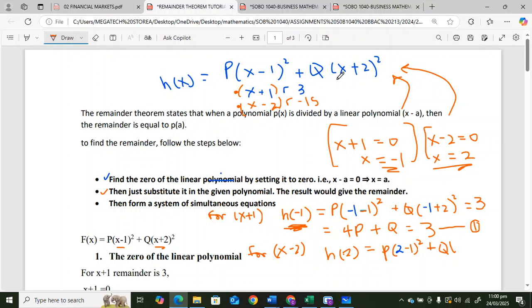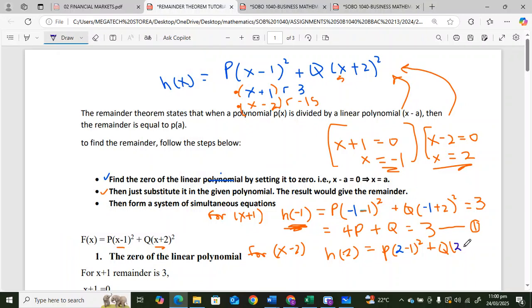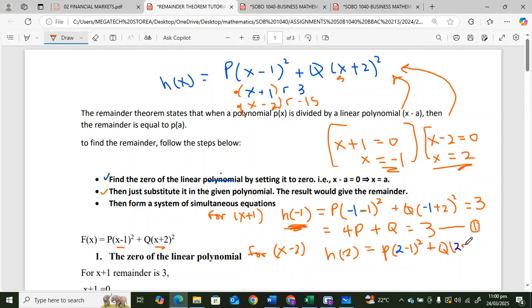So here, where there's this x here, substitute it with 2 plus 2 squared. Okay, then always equate the remainder at the end equals -15.